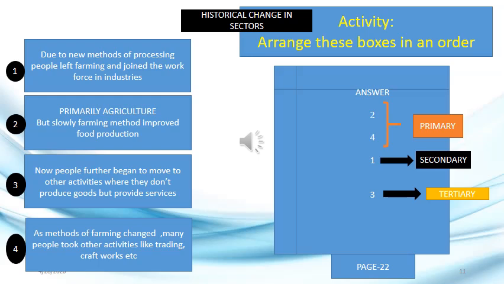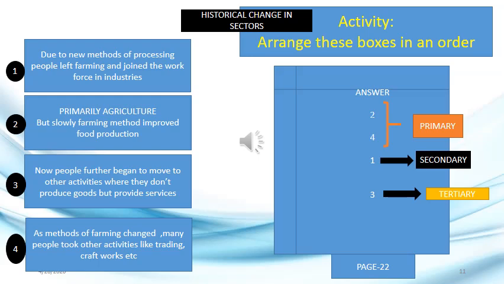So what do you understand from this activity is that any country initially begins its progress stressing on primary activity. And as they improve in their technology and methods of farming, the country slowly moves towards the secondary sector. It doesn't mean that the primary sector is neglected. People are working in primary, but some people move to secondary, and industry progresses.